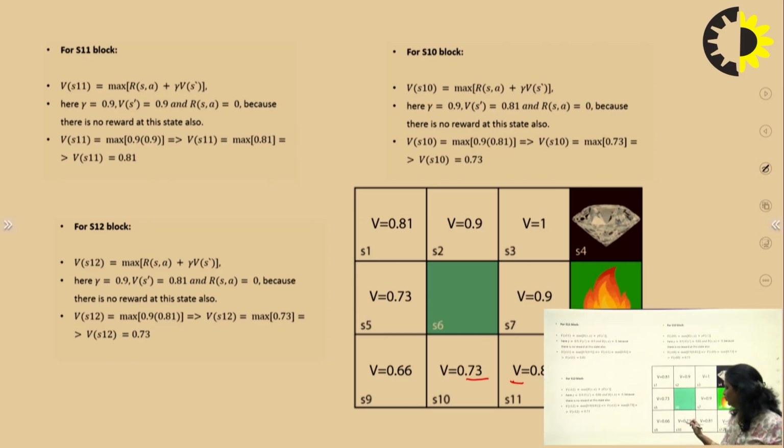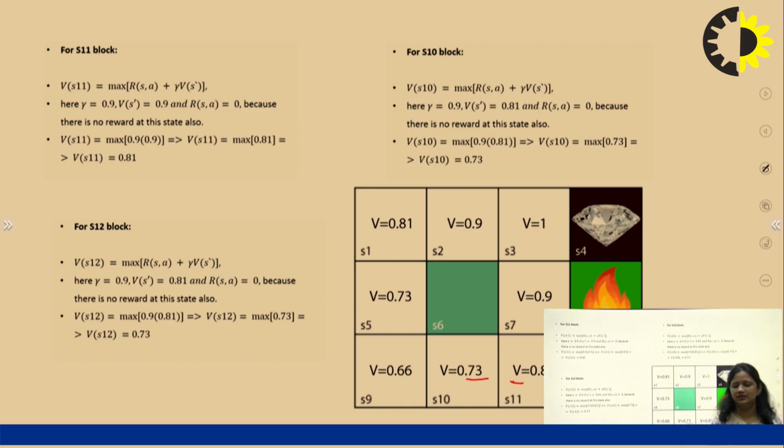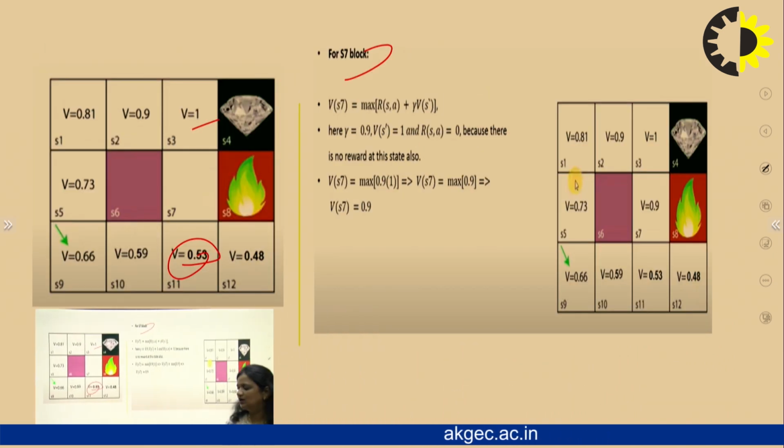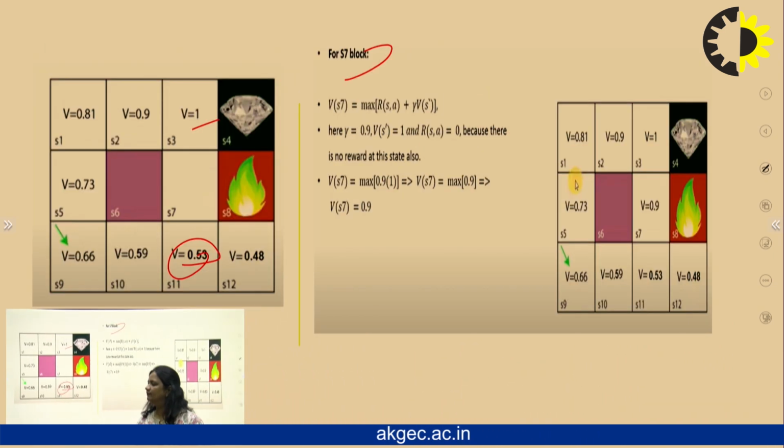Again, we have to calculate the value of the S10 block. Reward 0, gamma factor 0.9 multiplied by the previous value of this state, that is 0.81. Multiplying 0.81 by 0.9 is equal to 0.73. What is the previous value of the S10 block? That is 0.59.